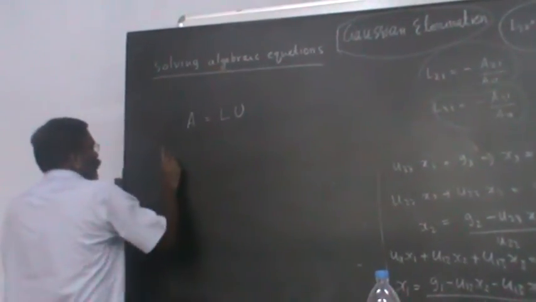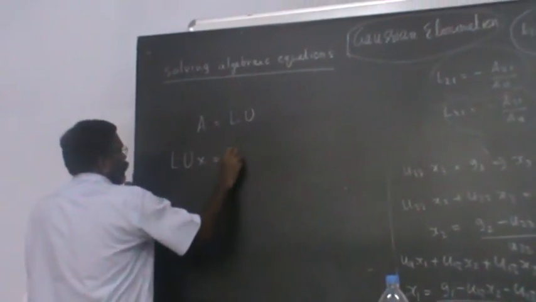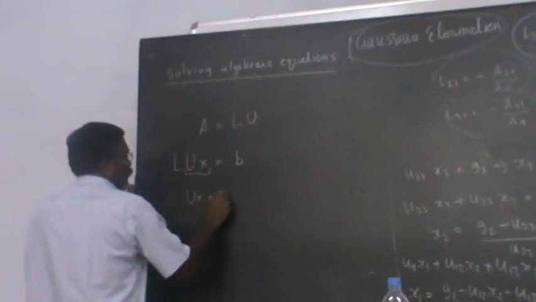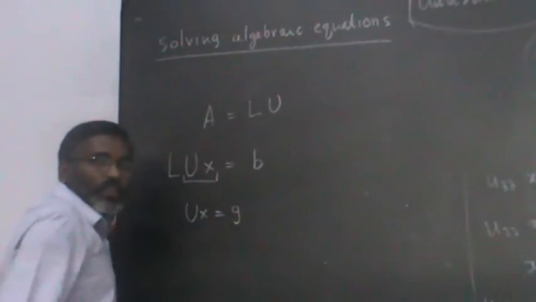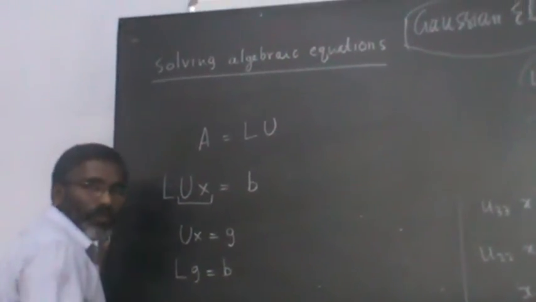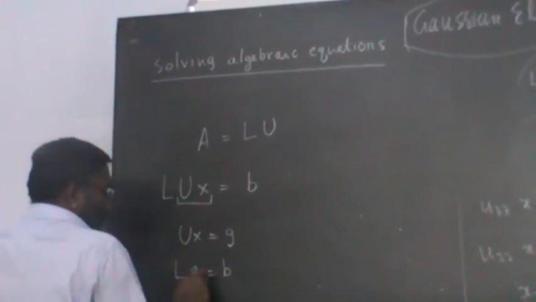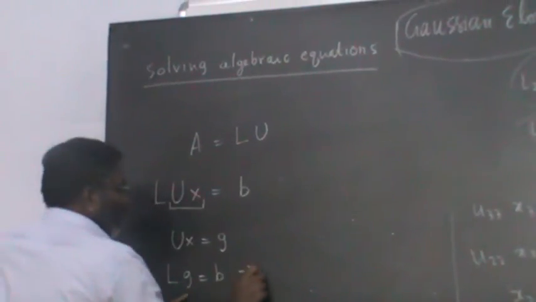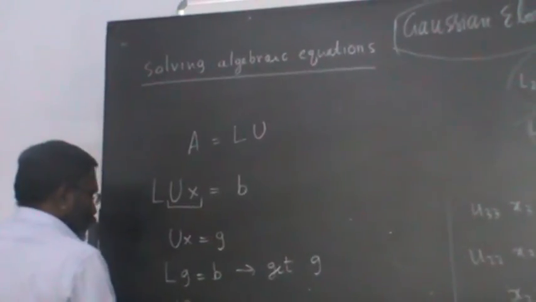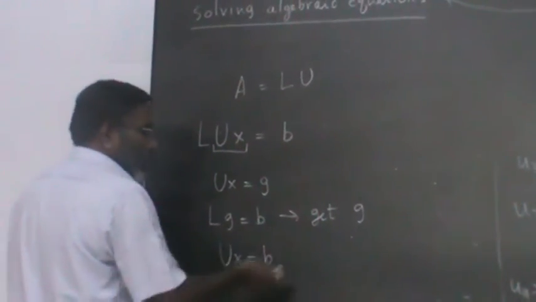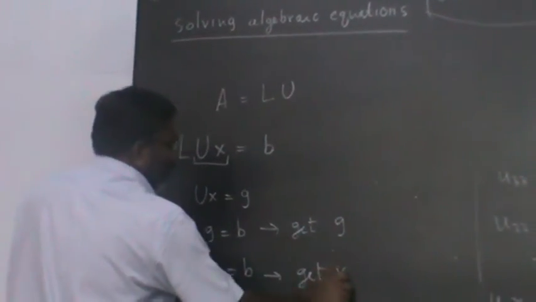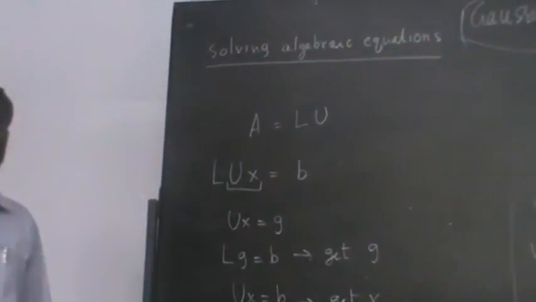So when you write LUx is equal to B, you can write Ux is equal to some G. I do not know this G. So first solve LG is equal to B by forward substitution, and from here you get G. Then G is known, and you solve Ux is equal to G by backward substitution, and from there you get x. This is what you do in LU decomposition.